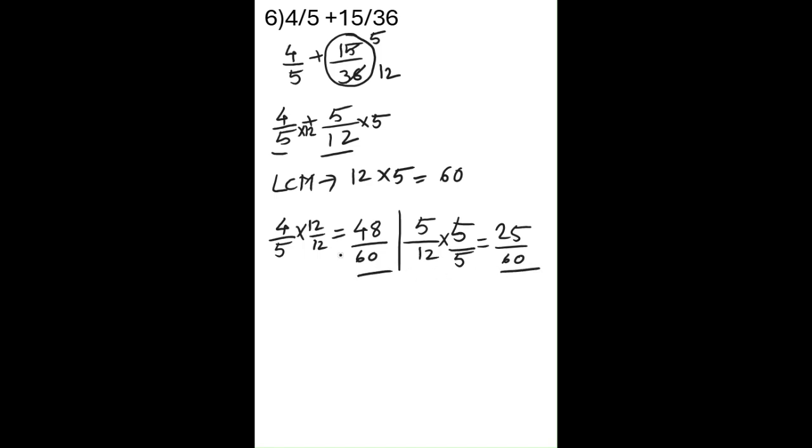Now you have to add these two fractions. Here both the denominators are common, so we can directly add them. 48 plus 25 by 60. Now here the answer comes out to be 73 by 60.